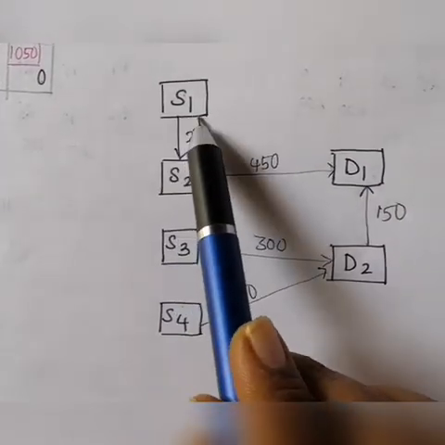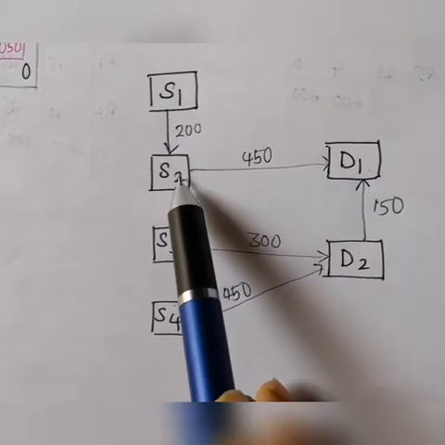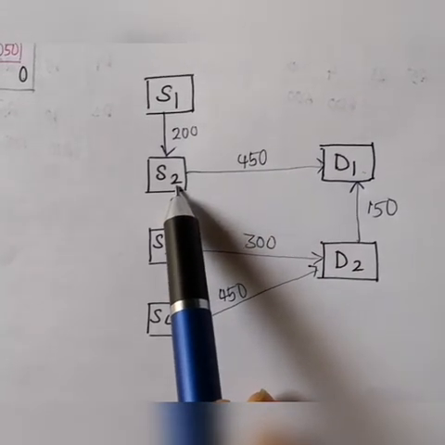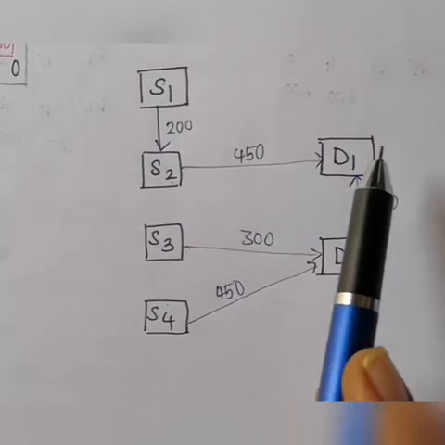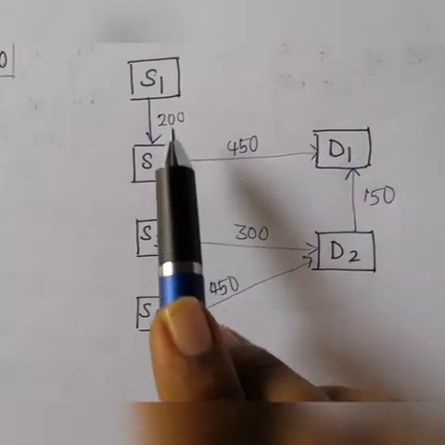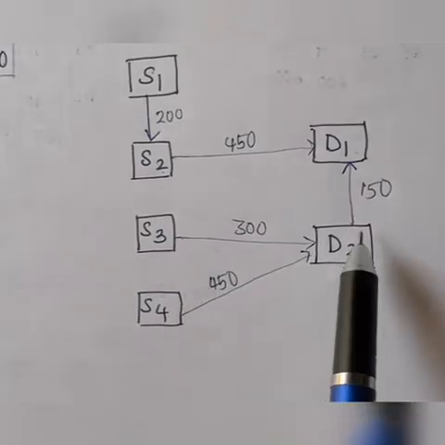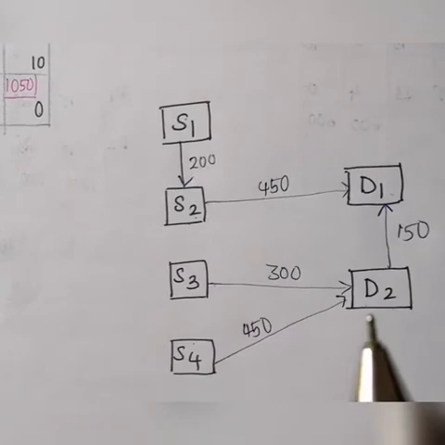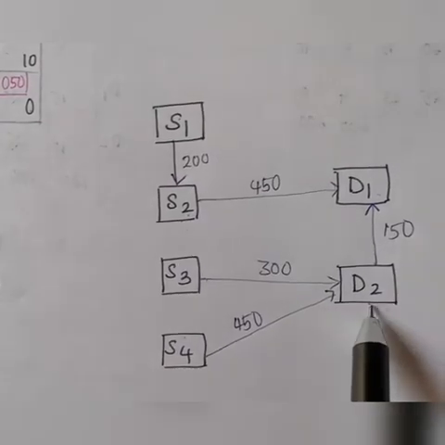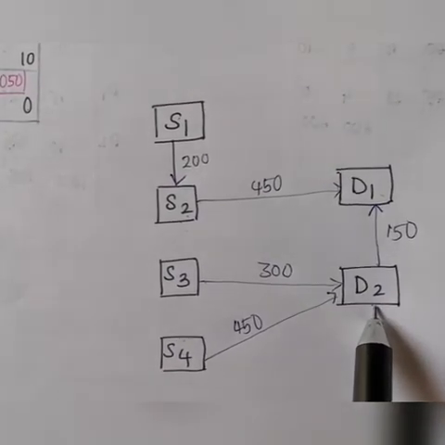Initially source S1 will deliver to S2, from there it goes to D1. We are not following the route from there, but this is how the minimum cost is obtained. Here S2 is acting as both source and destination. D2 is also acting as both source and destination.